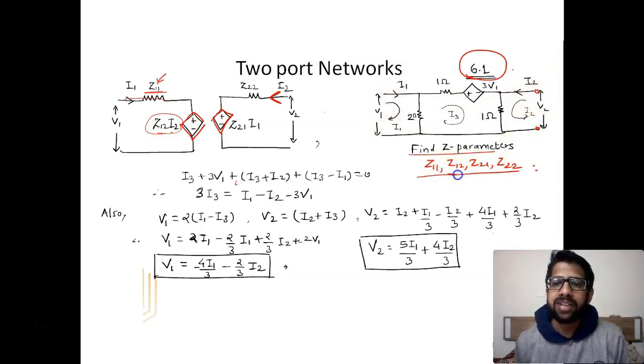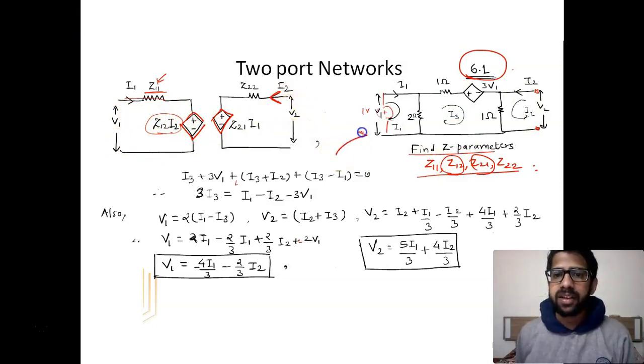While finding out Z12 and Z21, we can put a voltage source of 1 volt and solve for the circuit, and we can find out the value of Z12. Z12 is nothing but V1 upon I2 when V2 is 0. So in this circuit, we need to find out all these values.